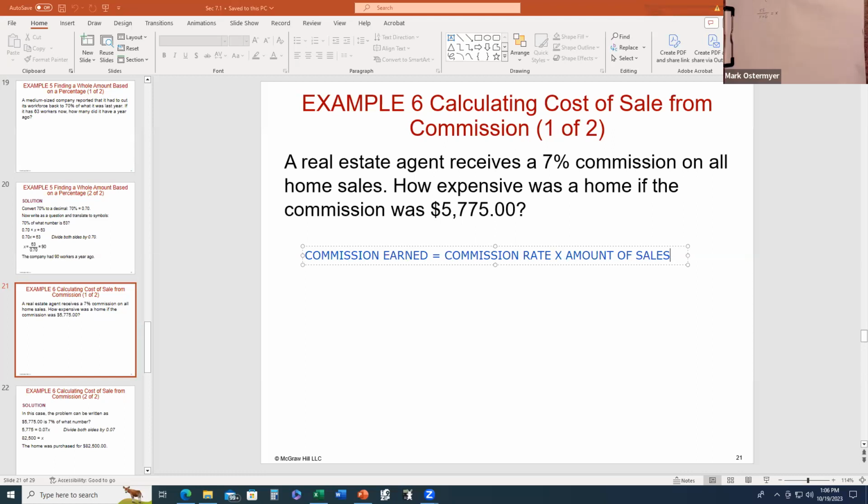The greater the commission rate, the greater commission you're going to earn. Our commission rate initially comes at us in the form of a percent, which will have to be converted into a decimal before you incorporate it into this equation. All right, now let's see, using this commission equation, where would the $5,775 go? Do I substitute that in for the commission earned, the commission rate, or the amount of sales? What do you think? Where does that go?